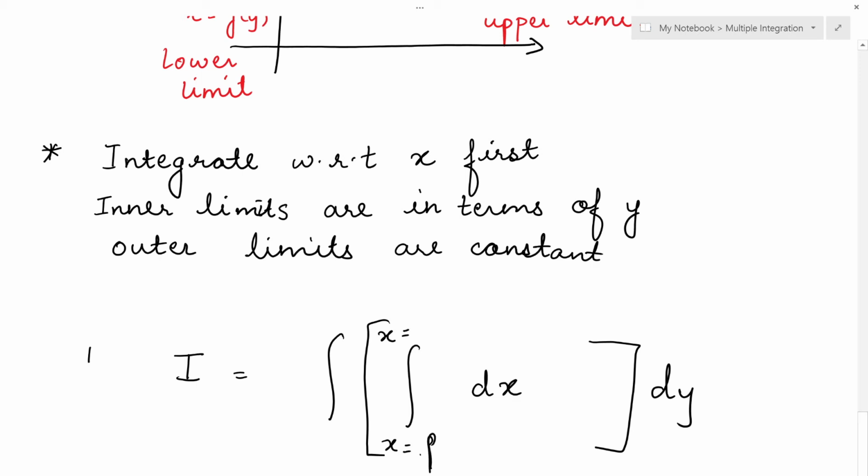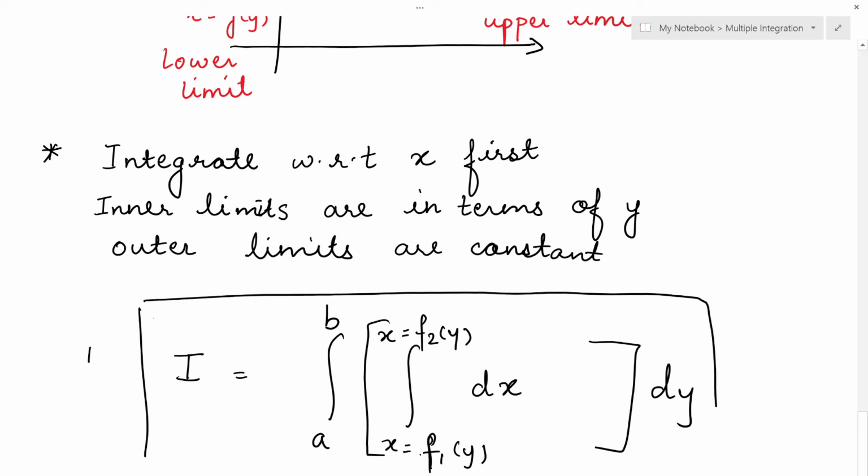And the outer limits obviously will be constant. So this will be f1(y) to f2(y), some terms of y. Okay, so this is my final integration when the strip is parallel to x-axis.